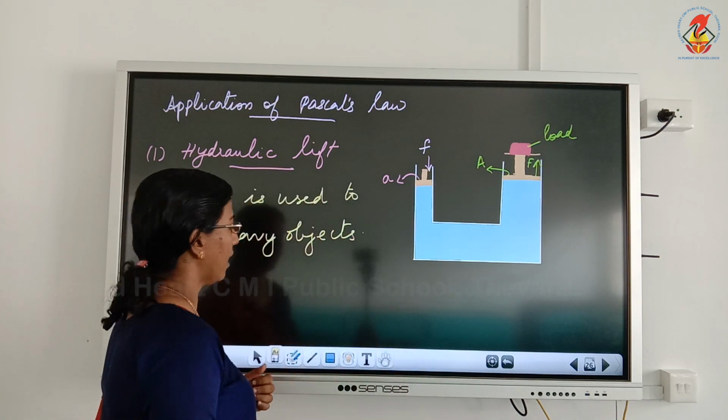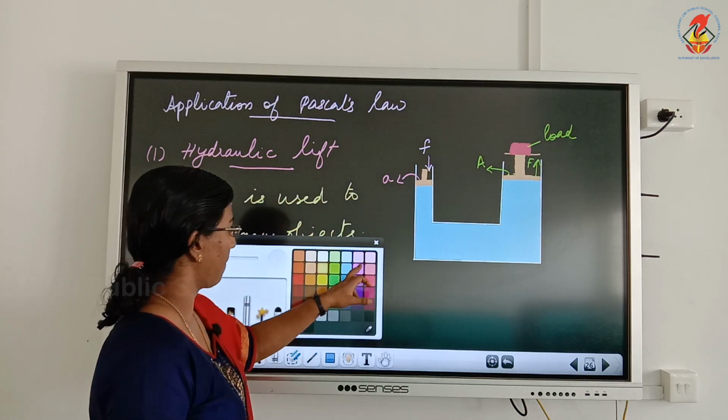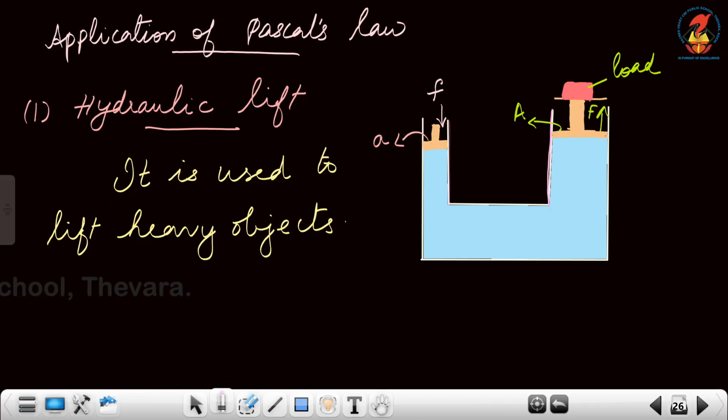Now, a hydraulic lift basically consists of two cylinders of different cross-sectional area which are connected to each other with the help of a tube. We have two cylinders of different area.